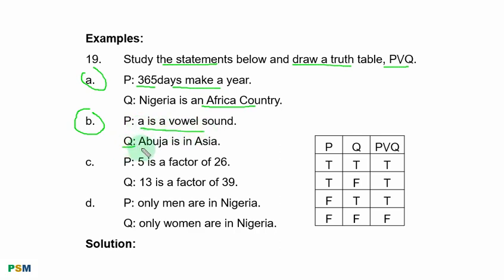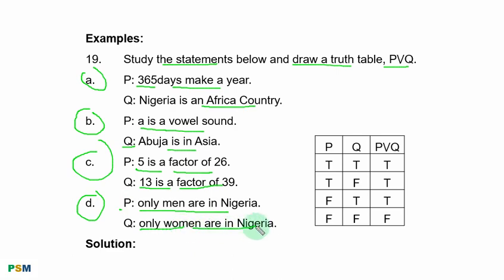Q, Abuja is in Asia. Statement C: P, 5 is a factor of 26. Q, 13 is a factor of 39. Statement D: P, only men are in Nigeria. Q, only women are in Nigeria.